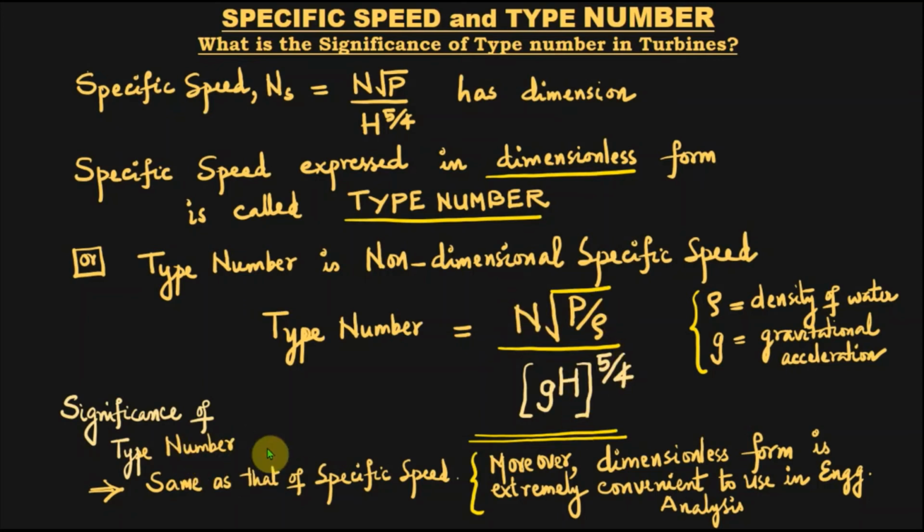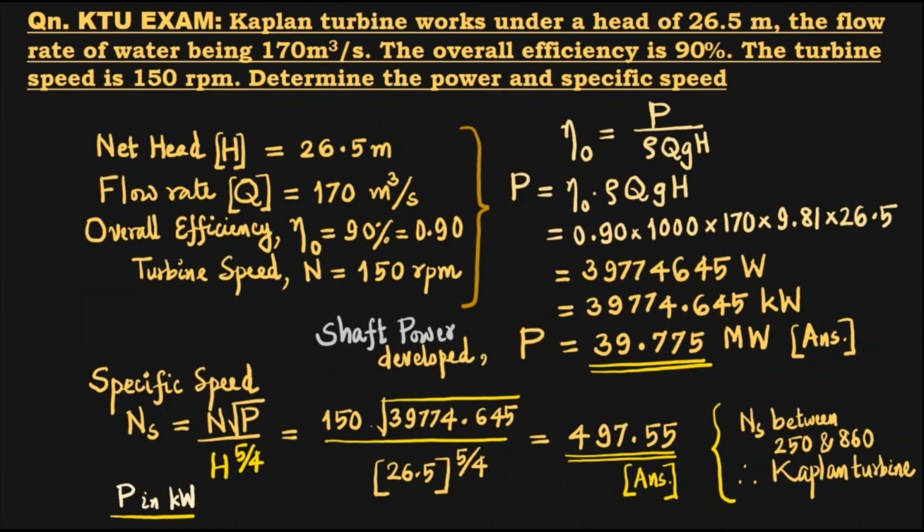The significance of type number is exactly the same as that of the specific speed. Moreover, one definite advantage is that in engineering very often we use dimensionless ratios or dimensionless form of the quantities in engineering analysis, which will be quite convenient.